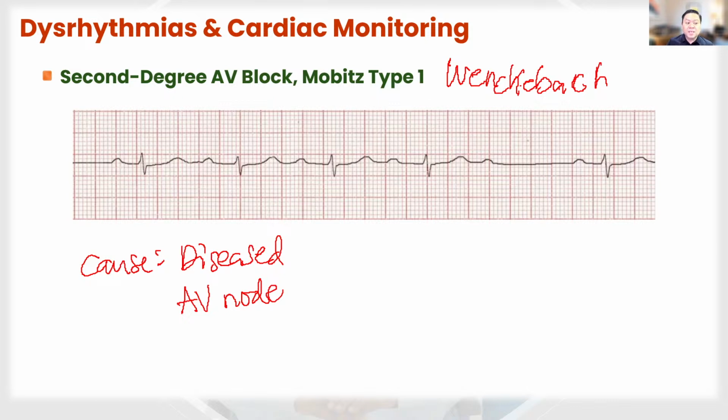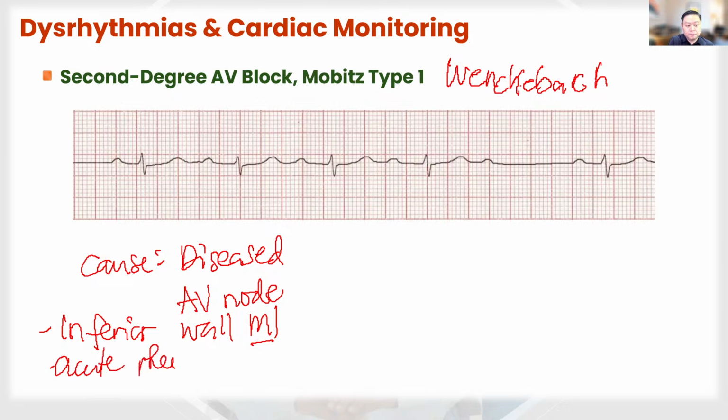Now here, in the second-degree heart block type 1, this is going to occur especially for those patients that may have the inferior wall MI, or it could be caused by acute rheumatic fever, or maybe vagal stimulation, bearing down, pooping on hard stools. This can result to that as well.